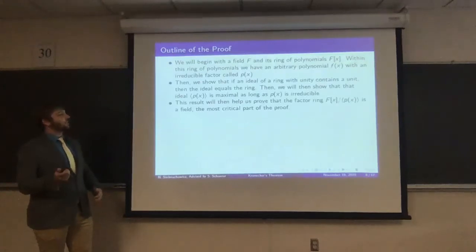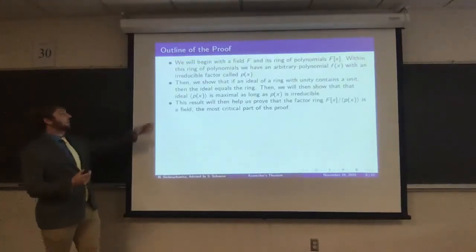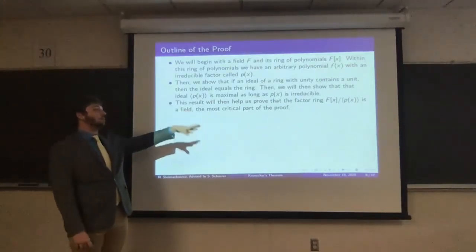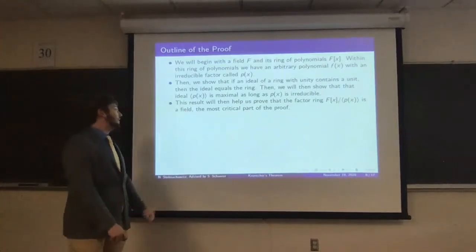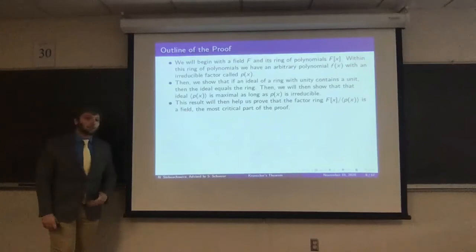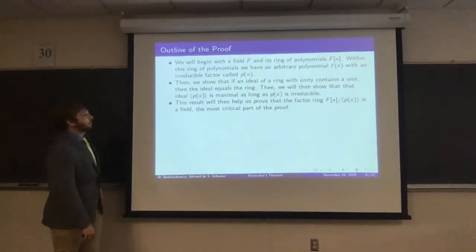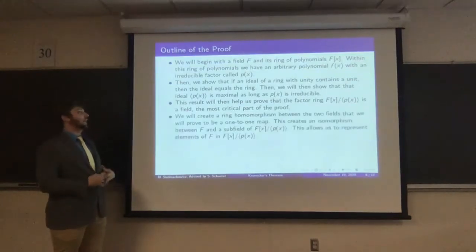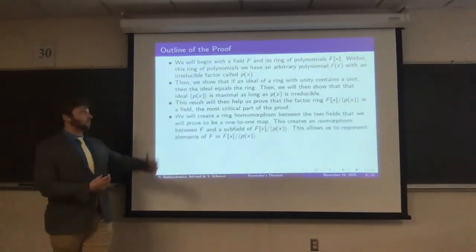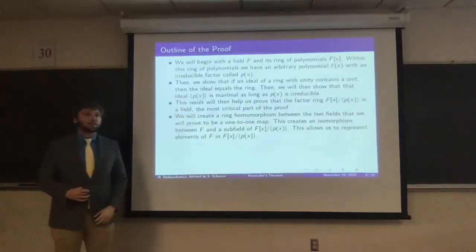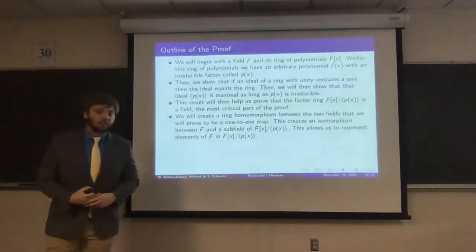Then the next few steps are going to help us get to this third bullet point here, which is going to show that the factor ring F[x] mod the ideal generated by p(x) is in fact a field, which I find to be the most critical part of the proof because it's really easy to then create a ring homomorphism between our original field F and our factor ring F[x] mod the ideal generated by p(x).